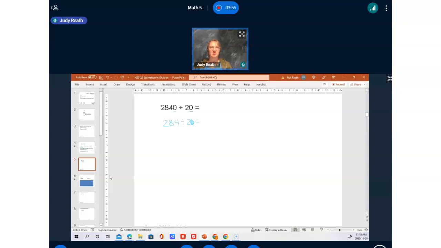So this is a little bit more confusing, but we can easily do it when we look at number by number. If we take the 2 divided by 2, it would be 1. 8 divided by 2 would be 4. And 4 divided by 2 would be 2. So the answer would be 142.